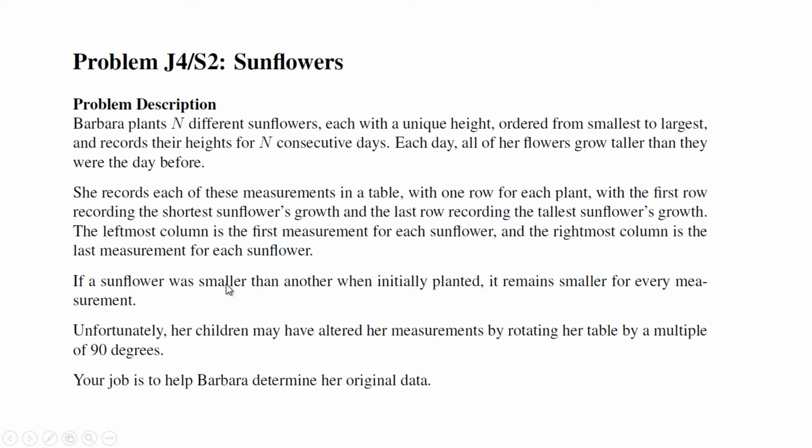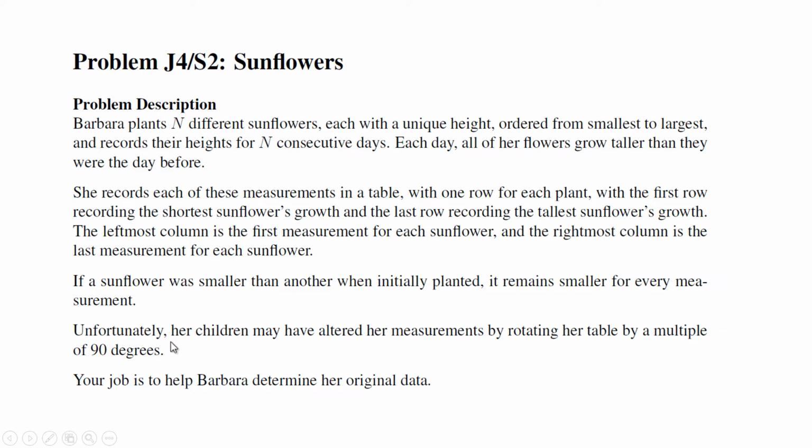So you can see here, these sunflowers are pretty regulated. If it's the smallest from the beginning, then it's still the smallest at the end, no matter how much it grows. Okay, so now we have an n by n matrix, and row-wise or column-wise, the numbers are from the smallest to largest. So they are ordered very well.